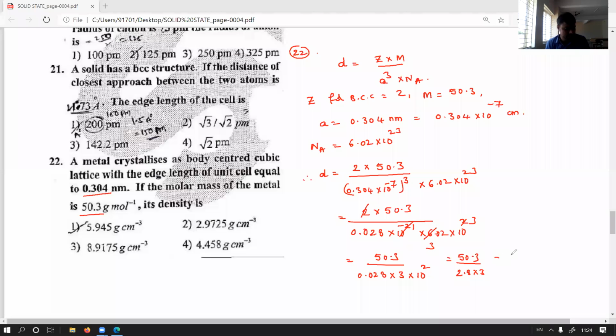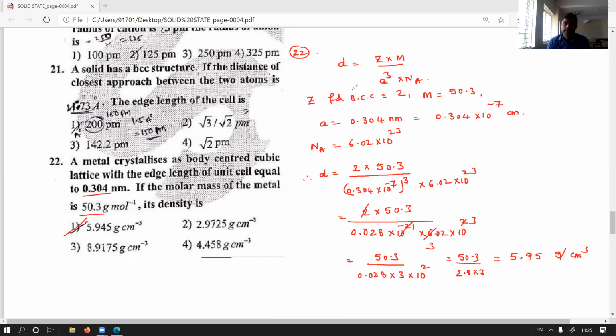On simplification we'll get approximately 5.95 gram per centimeter cube. The density of the unit cell is equal to 5.95 gram per centimeter cube. The correct option is the first option.